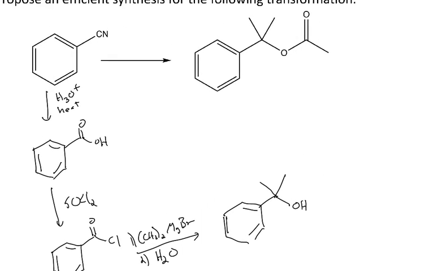Now I have an alcohol, and I want to convert it into an ester. One of the ways that we've seen to make esters is to start with an acid halide and then react that with an alcohol in pyridine, and that will give me an ester.